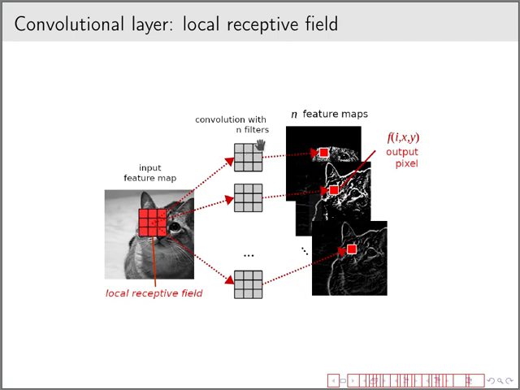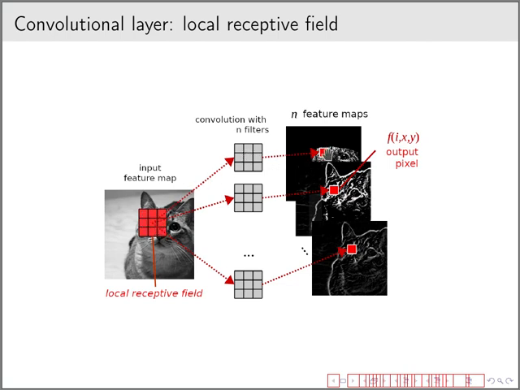So let's say we have one filter here on the top. We don't have values here. It's a generic filter. It is used to perform convolution with this input image here. If I'm processing just this central pixel, it will be influenced by all those neighbors.